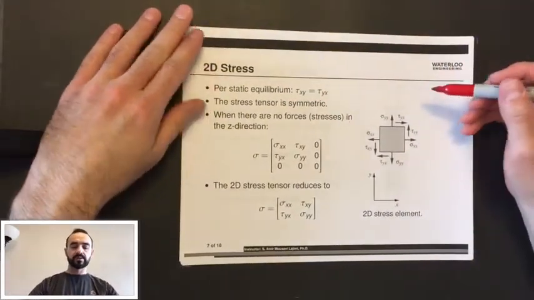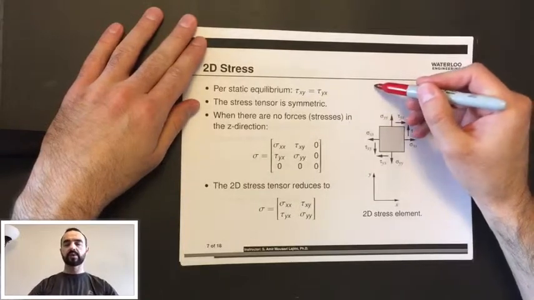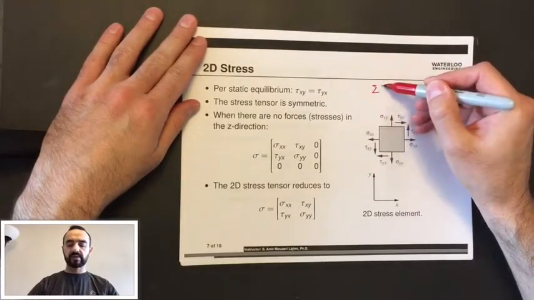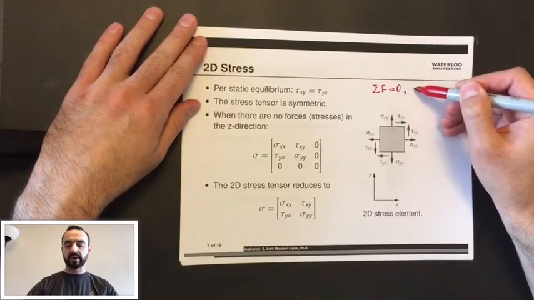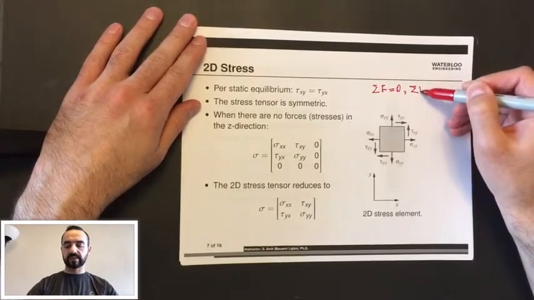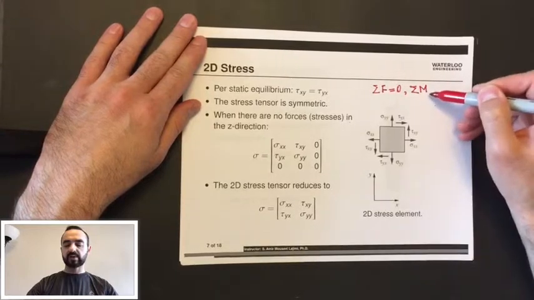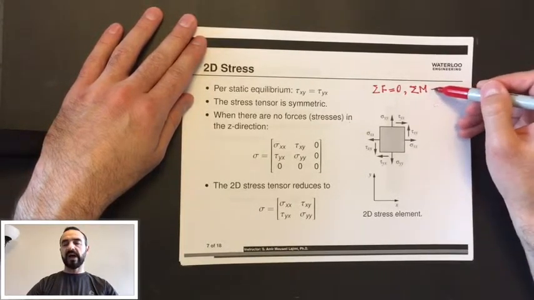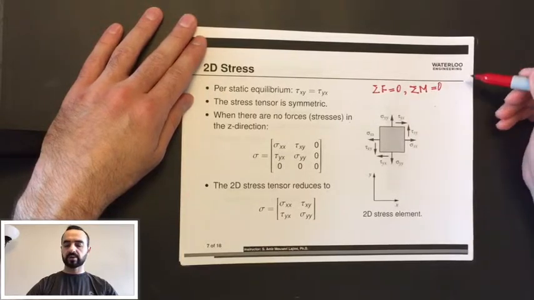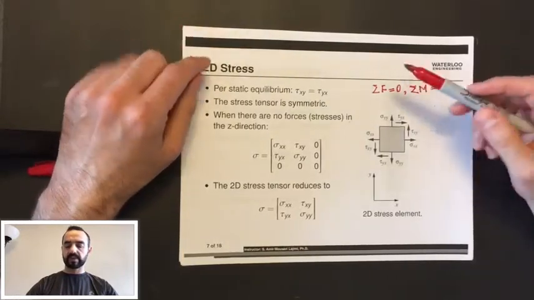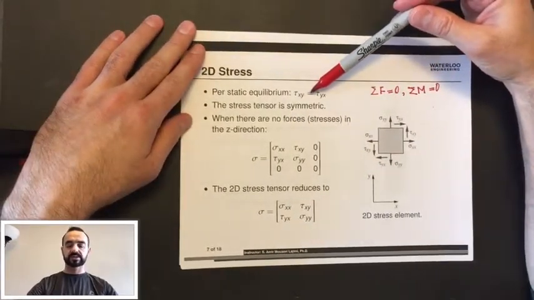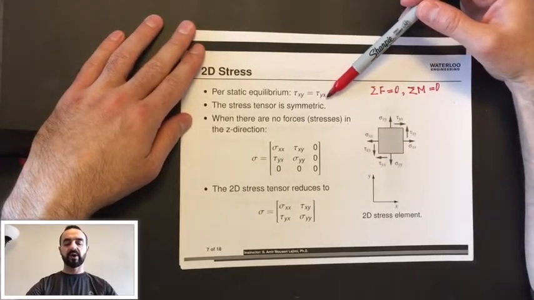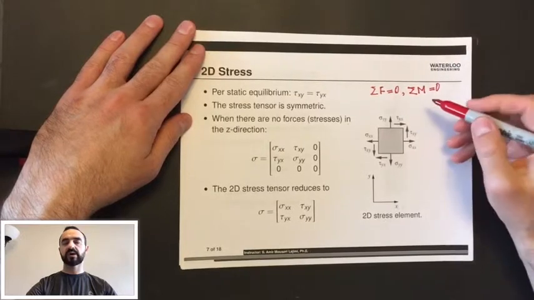If we write a static equilibrium equation, meaning that if we use the force balance equation, sigma F equals 0, and moment balance equation, sigma M about the axis normal to a plane equal to 0, we deduce that shear stress tau xy is equal to tau yx.